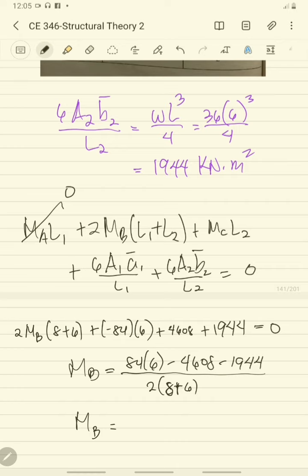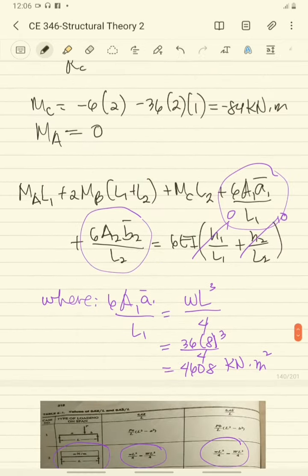So we have 84 times 6 minus 4608 minus 1944, divided by 2 times 8 plus 6. So the answer is negative 216 kilonewton meter. So that is our moment at B.